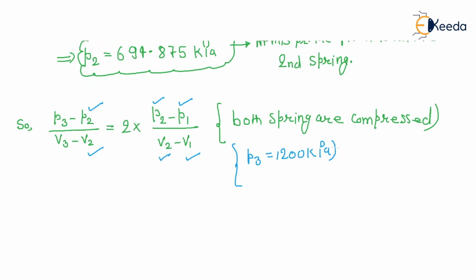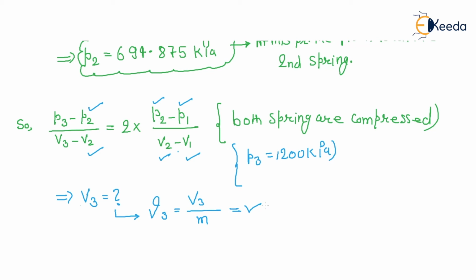So from this you can easily find out V3. From V3 you find the specific volume of state 3, that is V3 by M.